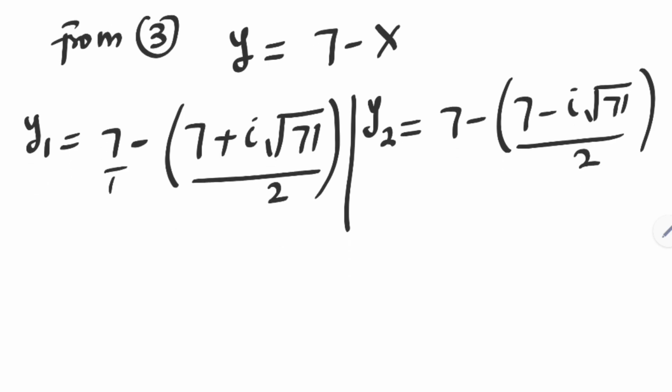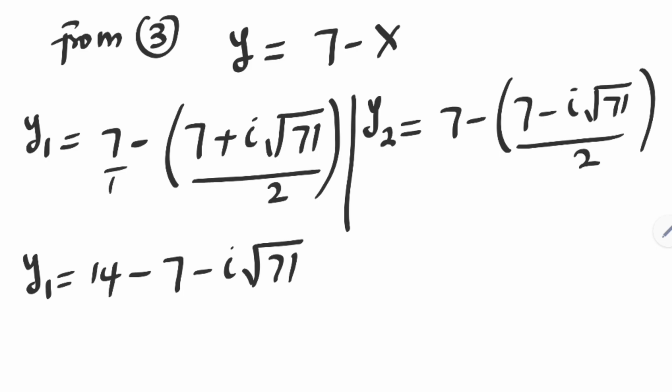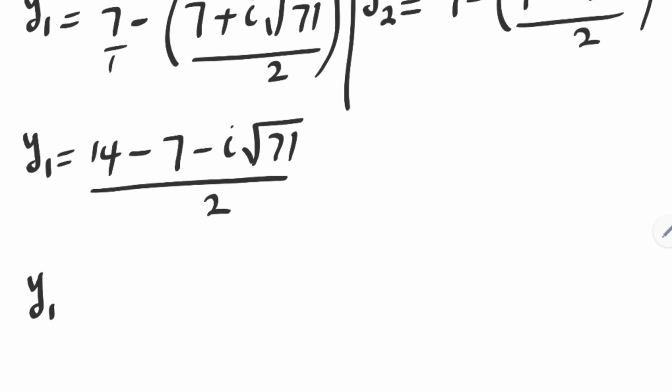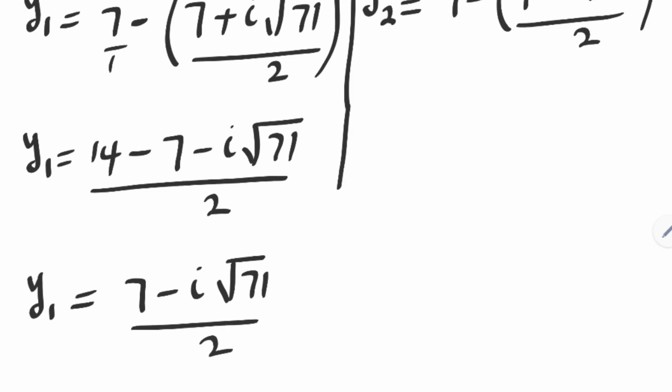This is over 1. The LCM is 2. 1 into 2 times 7, 14. y1 is equal to 14 minus, if you open the bracket with negative, we have 7 plus i square root of 71 divided by 2. y1 is equal to 14 minus 7, this is 7 minus i root 71 divided by 2.